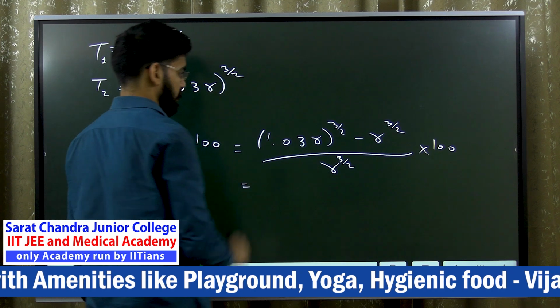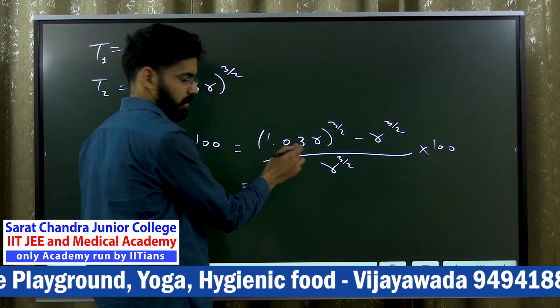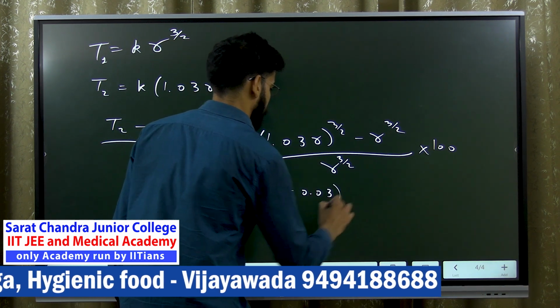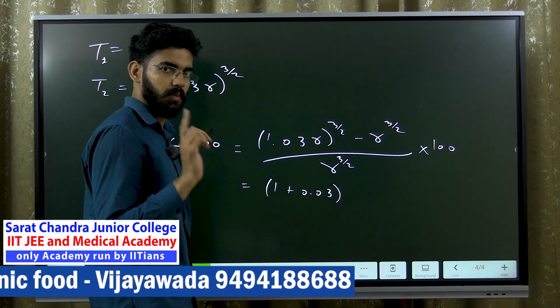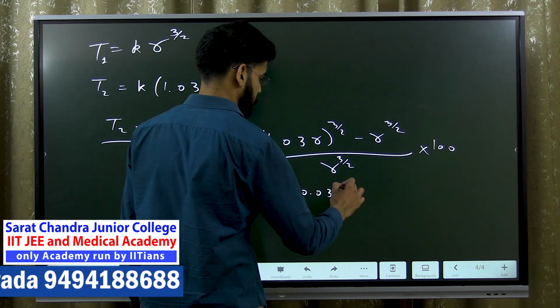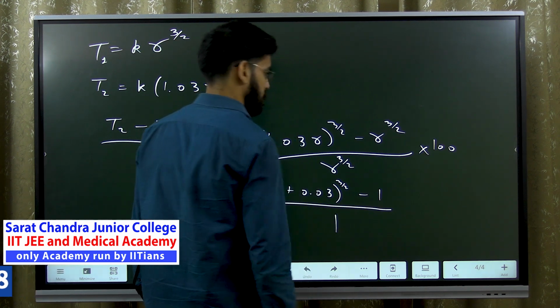So r raised to power 3 by 2 got cancelled out. You will have here 1.03, right? So I can write this as 1 plus 0.03. Approximately he said, so somewhere binomial approximation I can apply. So 1 plus 0.03 raised to power 3 by 2 minus 1, divided by 1, into 100.